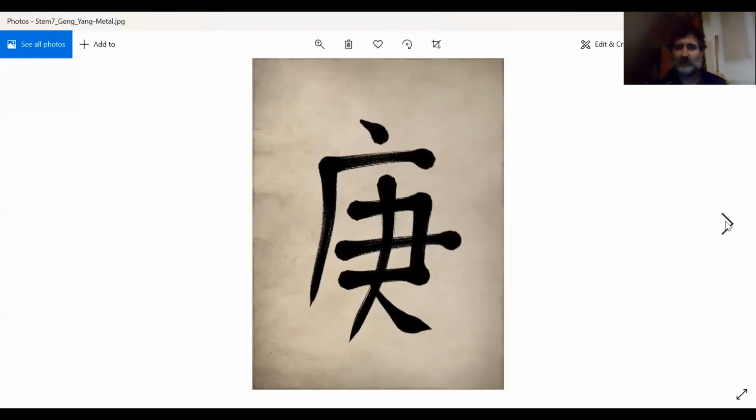Yang Metal. Yang Metal, very destructive, cutting things down. Shiva, that aspect of the cosmos that destroys everything. Anything that comes into existence gets cut down.